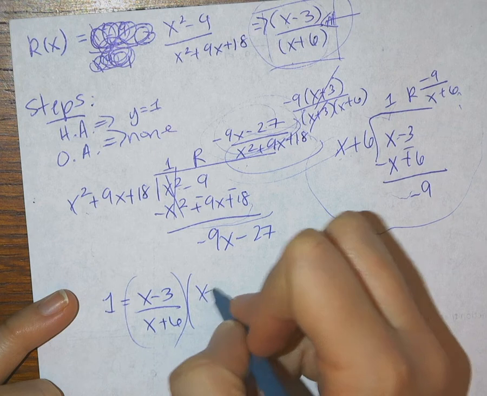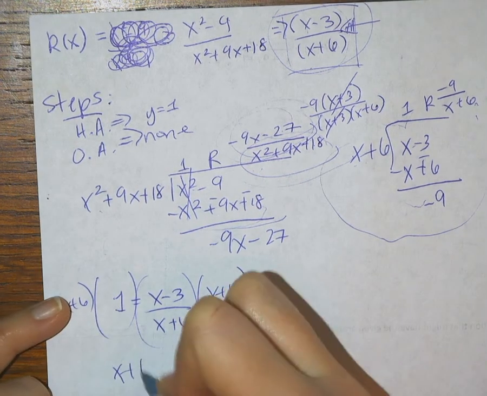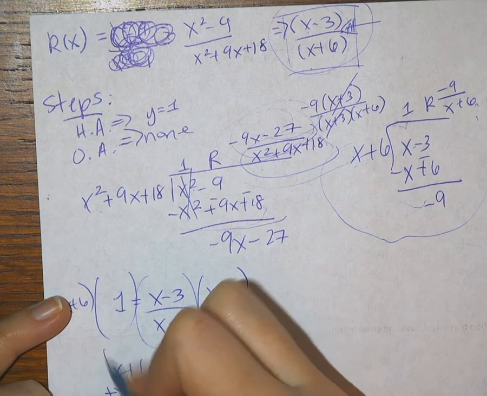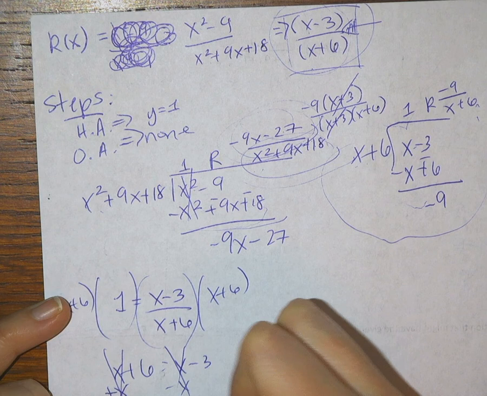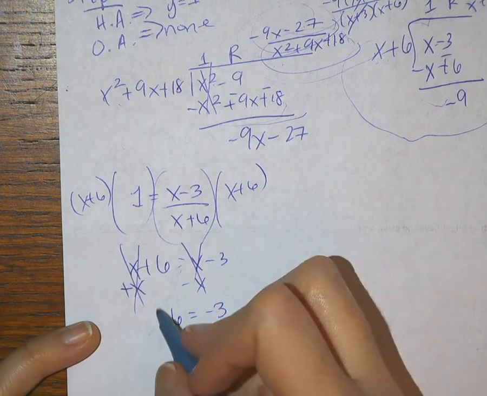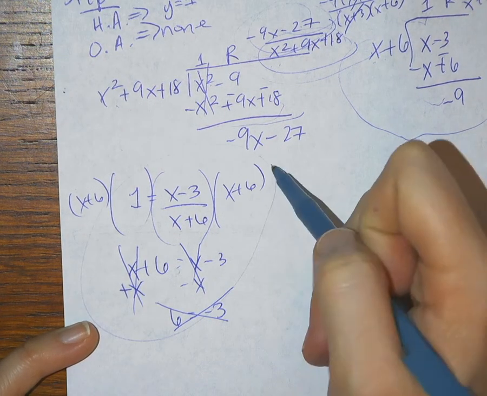I would solve by multiplying by x plus 6 and simplifying. Here we see that we are left with 6 equals negative 3. Does not work. So this would tell me I do not have an intersection.